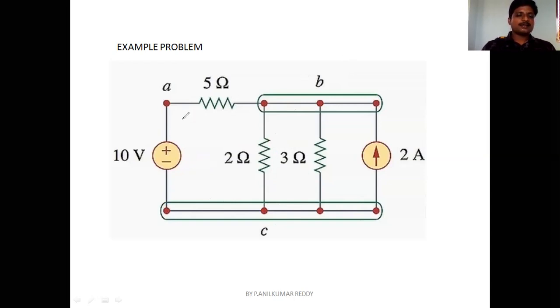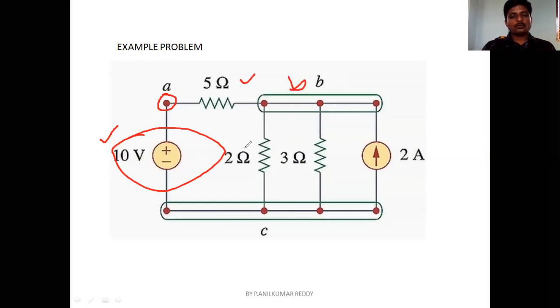Another thing is, how many branches are connected in this diagram? So what is a branch? A branch is a connection between two nodes. Here, the 10-volt source is connected between A and C. Therefore, you can call it a branch. Similarly, the 5 ohm resistor is connected between A and B, so you can term it a branch.